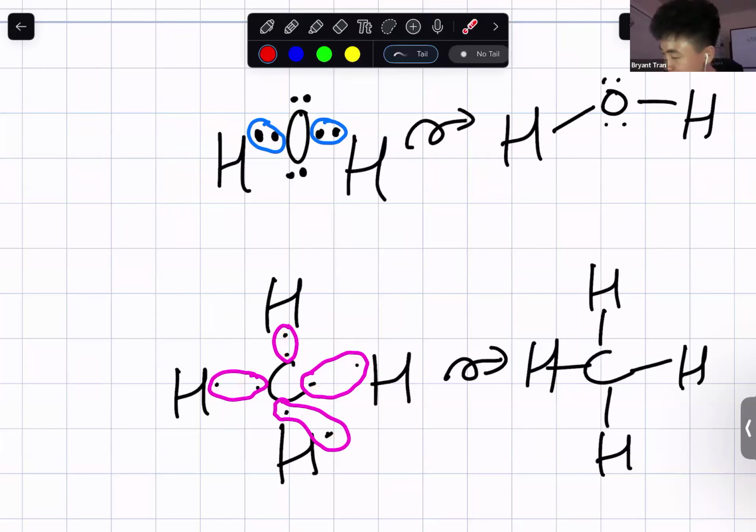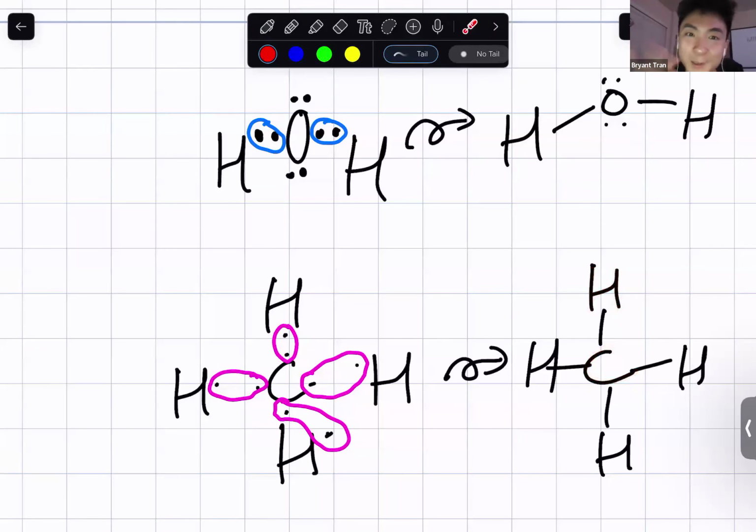But this bond is different than this bond, right? They're both covalent bonds, but one is polar and one is nonpolar. CH4 is nonpolar because the difference in electronegativity between carbon and hydrogen is not big enough for it to be polar.